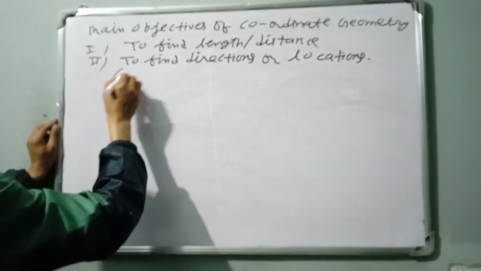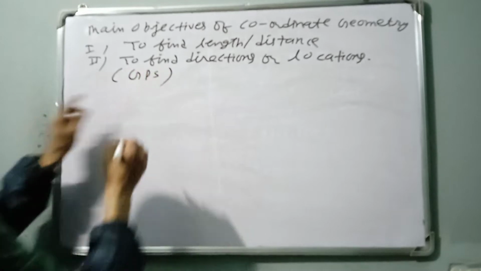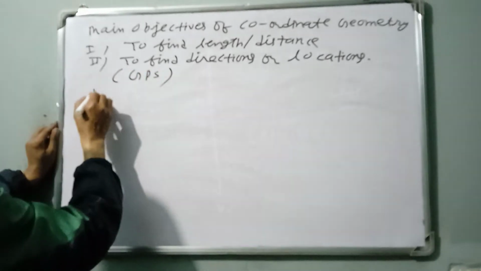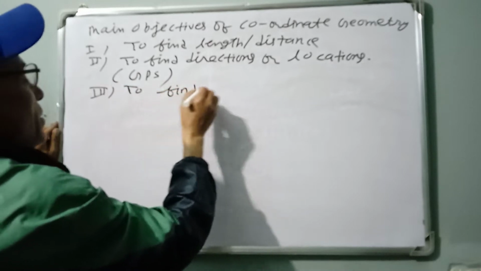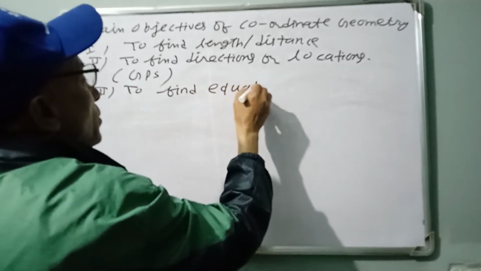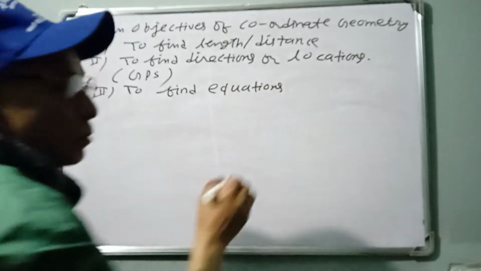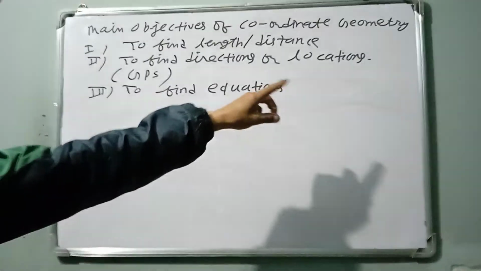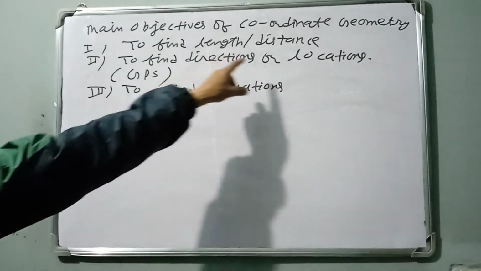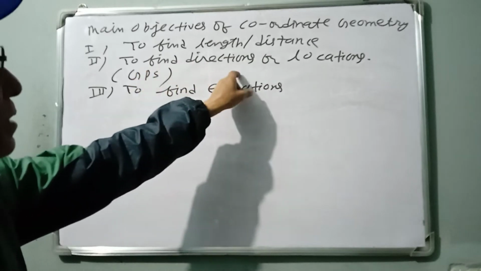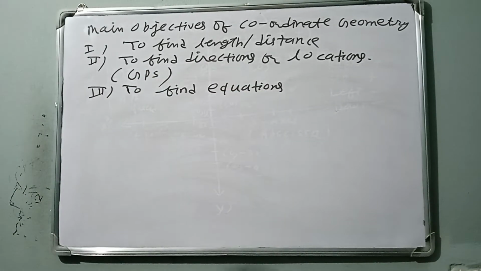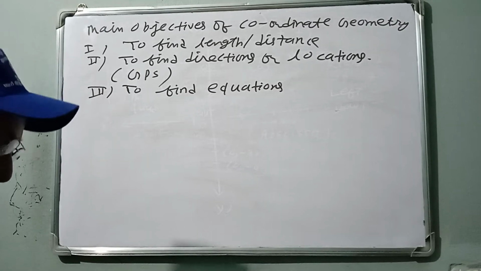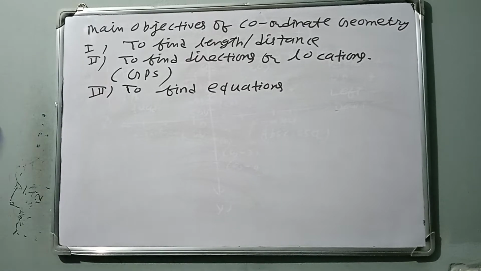That is called GPS system, global positioning system. Another, to find equations of circles, straight lines, etc. Main aims are to find length or distance, to find directions or locations, and to find equations. Coordinate geometry is very important for these reasons.